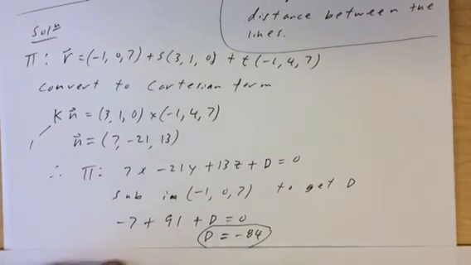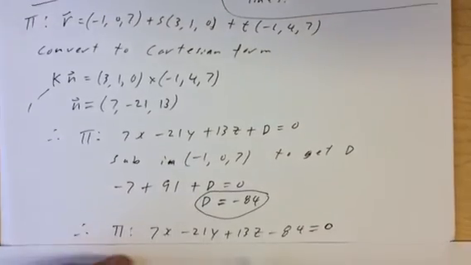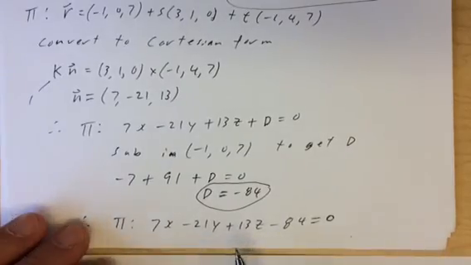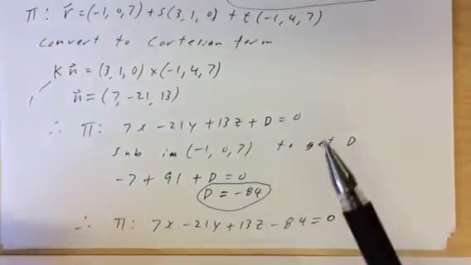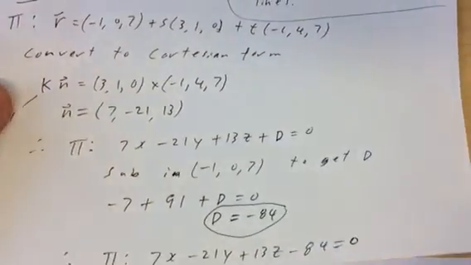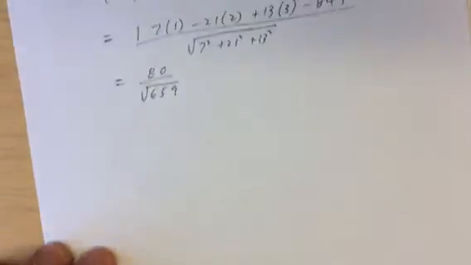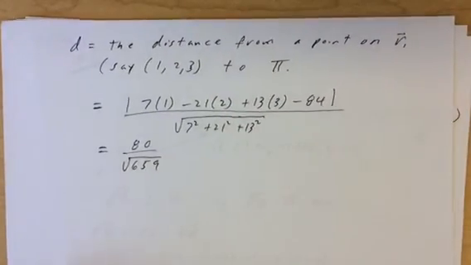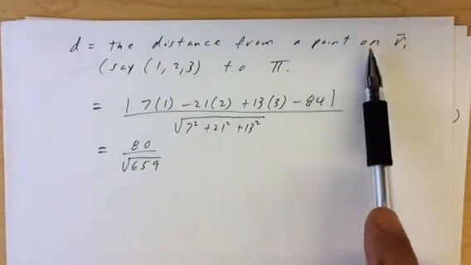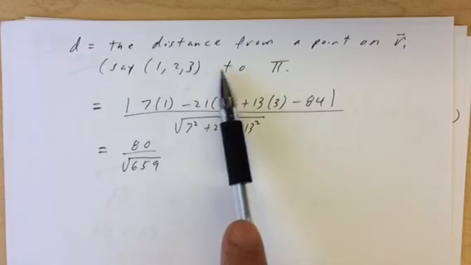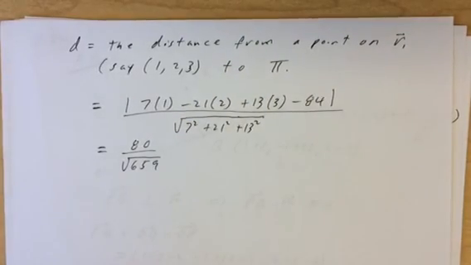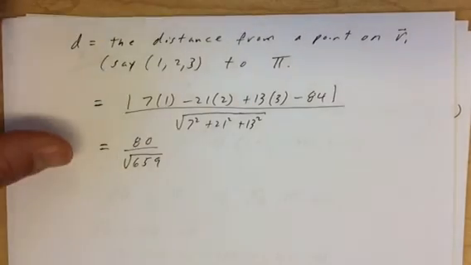We get d equal to -84, and this is our Cartesian equation of that plane. Now we can just use the formula for the distance from a point to a plane, using a point on the first line and the plane containing the second line that it's parallel to. So the distance d equals the distance from the point on R1, 1, 2, 3, to the plane that we created. Plug it in, and we get 80 over root 659.